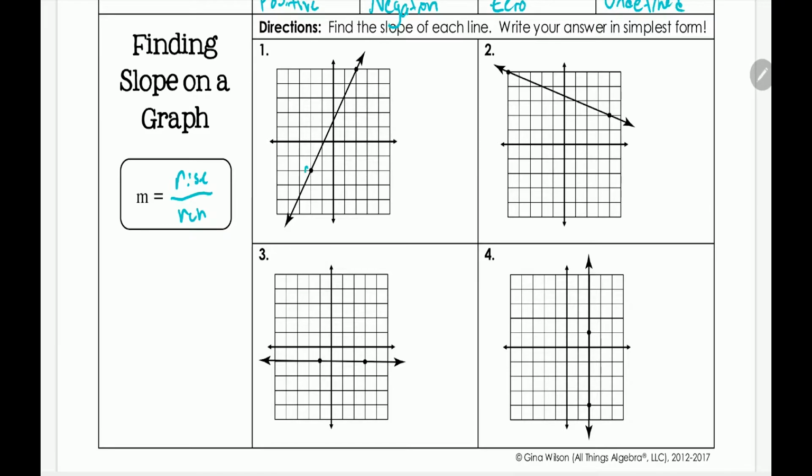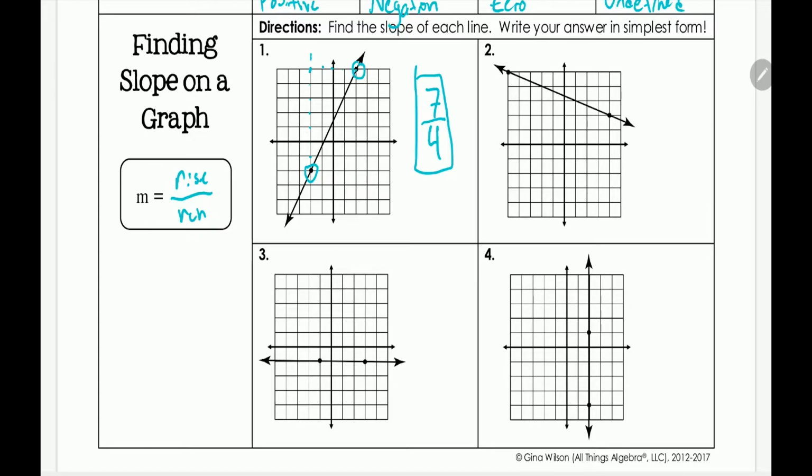So if we start at this point and we're trying to go to this point, we have to go up 1, 2, 3, 4, 5, 6, 7 blocks. So our rise in this case would be 7 over the run, and the run is the amount that you have to go left or right to the point. So starting from this point, we go 1, 2, 3, 4. So we have 7 over 4 is our slope.